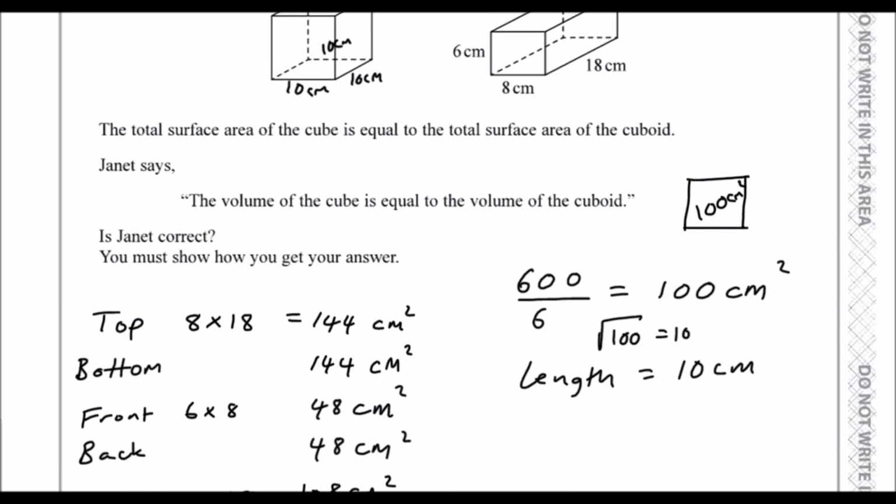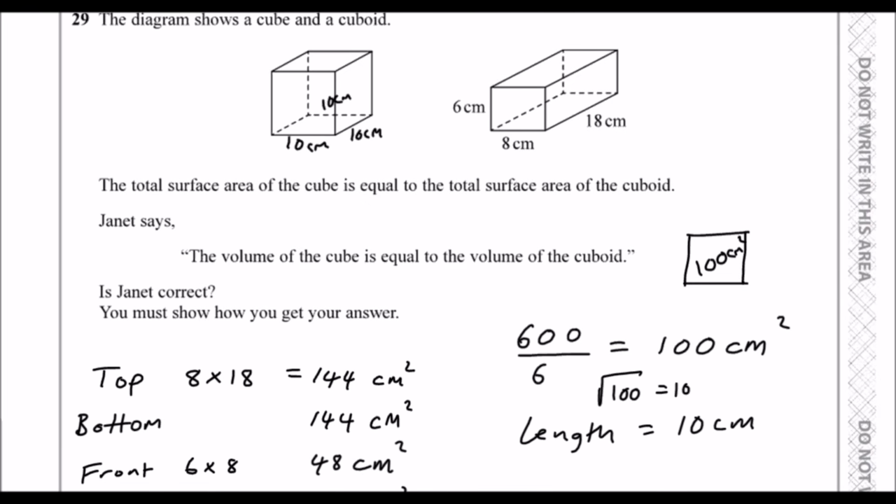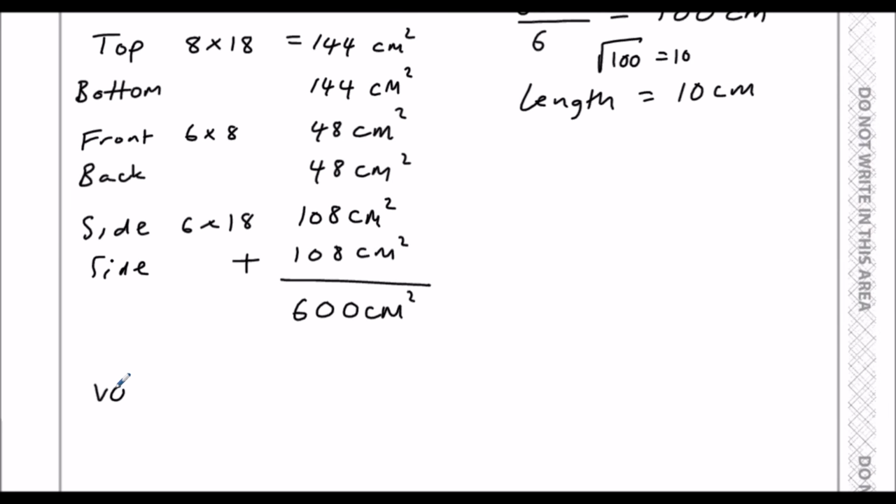So are the volumes equal? So for volume, it's going to be length times width times depth. So for the volume of the cube, it's 10 times 10 times 10, which is 1000 centimeters cubed.